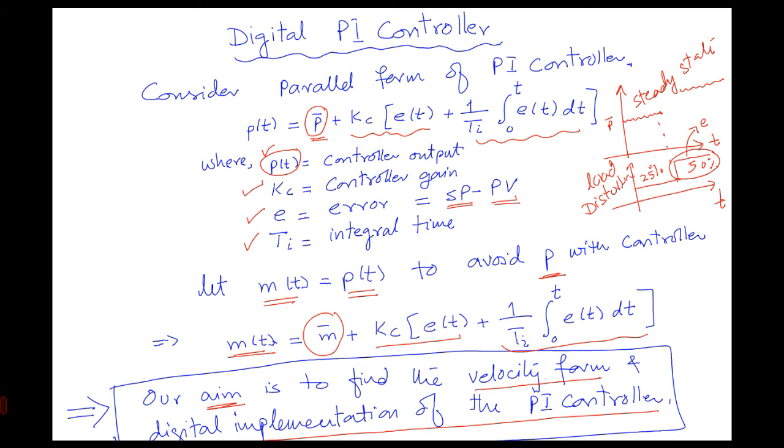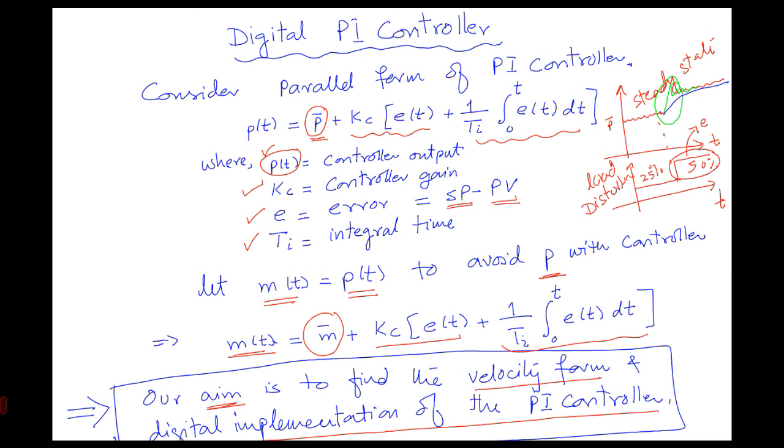So our controller will be responsible, and it will move in between, might be overshooting like this one, or it may go smoothly like this to the new value. Therefore, in this video we are going to see step by step how the digital PID controller is going to work.